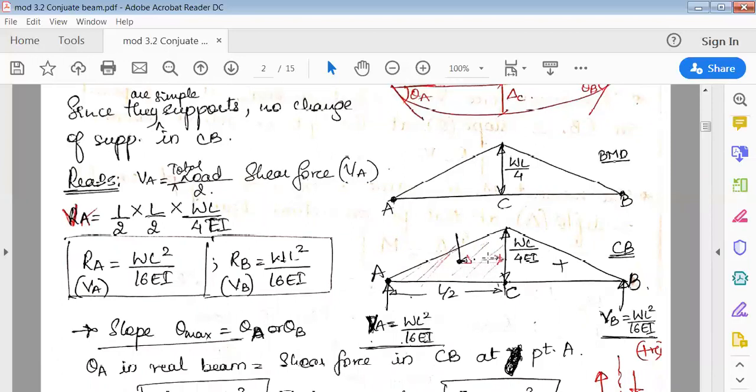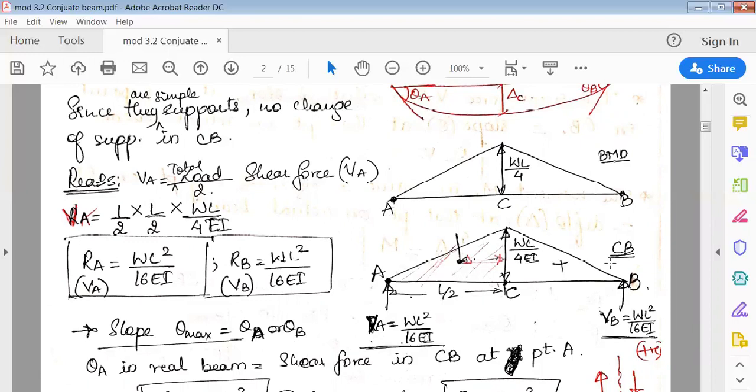To stop this triangular load, these two supports will distribute the load upward. So this triangle load is acting downward. To stop this, these two supports in turn exert opposite reactions. So that is nothing but shear force.